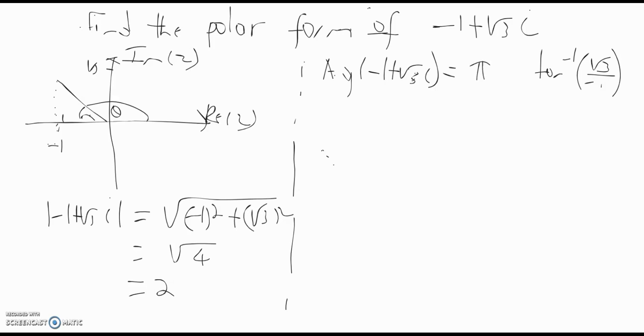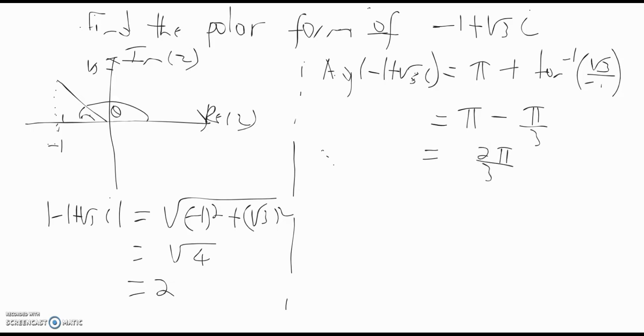Why pi? Because we're going anti-clockwise. When I tan inverse root 3 over -1, I get minus pi over 3, which gives me 2 pi over 3.